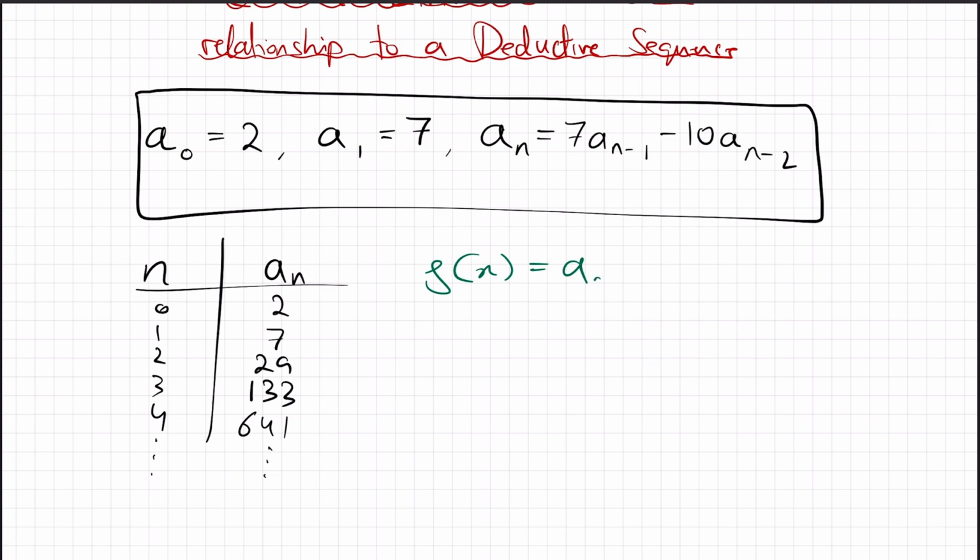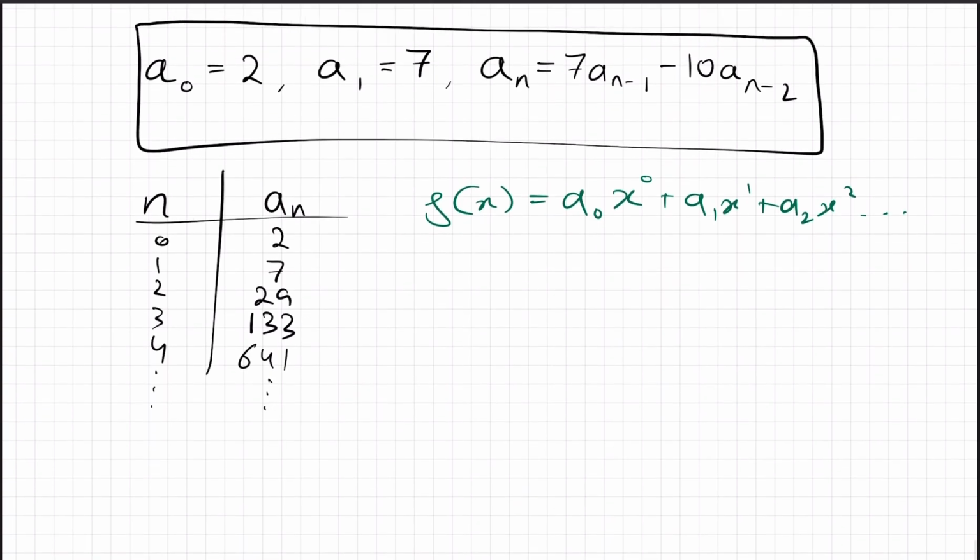So f of x is going to have a of 0 times x to the 0 plus a1 x to the 1 plus a2 x to the 2 going on. You can see why this is called a generating function, because you'll be using the x's to separate out the coefficients.